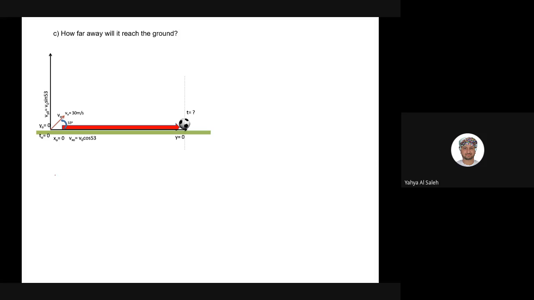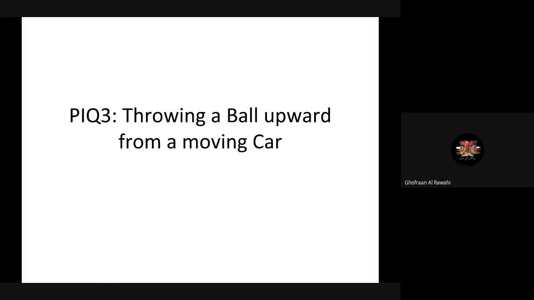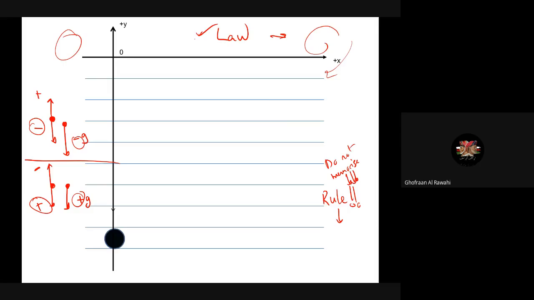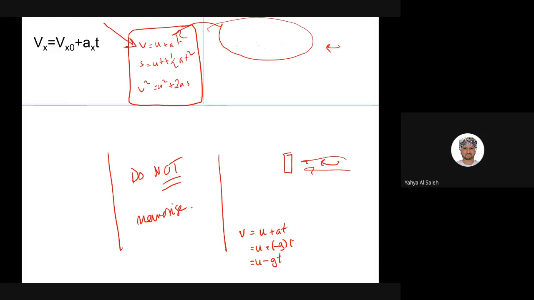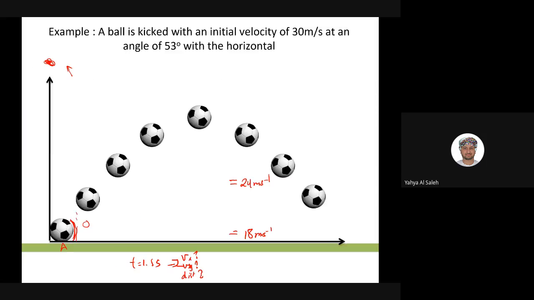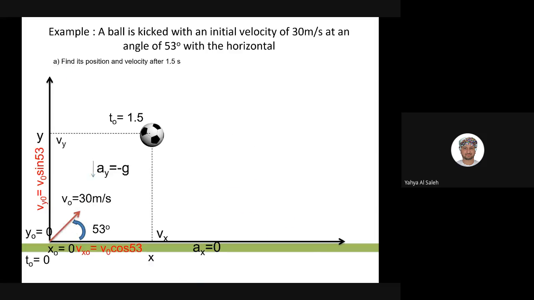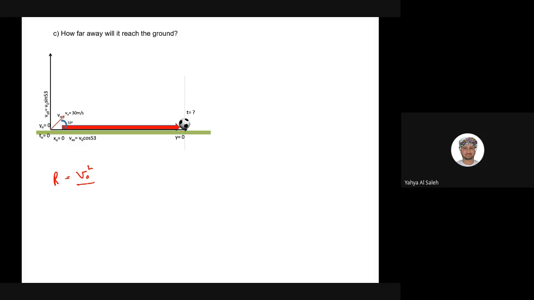I will put R equals V naught squared over. Can someone remind me of the equation? G sine 2 theta. So V naught squared over G sine 2 theta.